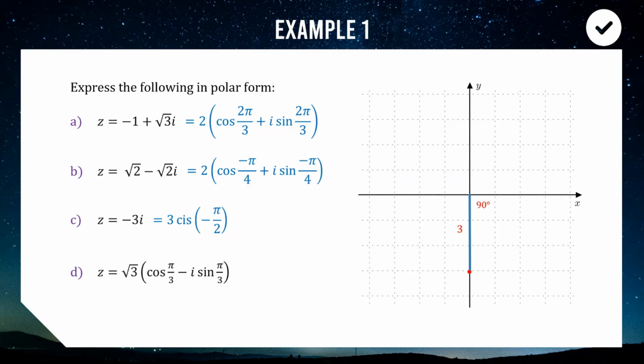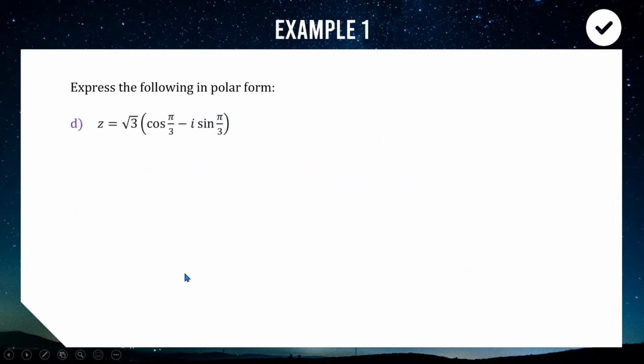Okay, and for question D, we've got a bit of a trick question because it kind of already looks like it's in polar form, except it's not. All right, for a complex number to be in polar form, the sign between your cos and sine must be positive, and we have a negative. So we're going to think about how we're going to handle this trick question.